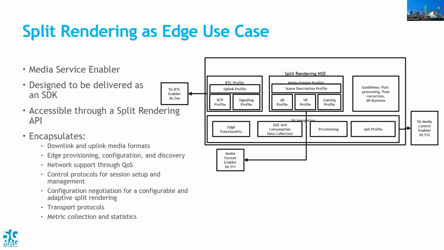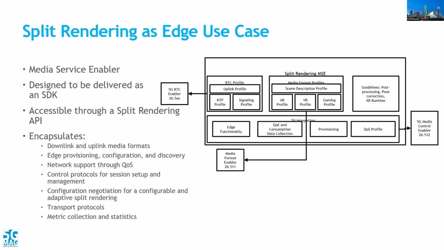So they could use this SDK that will perform the rendering on the edge server. It will come with all the features needed, like discovering the edge application server, running the application there, connecting to that application and so on, negotiating formats and stuff like that. So that's one of the key use cases where we think edge would be a required enabler.